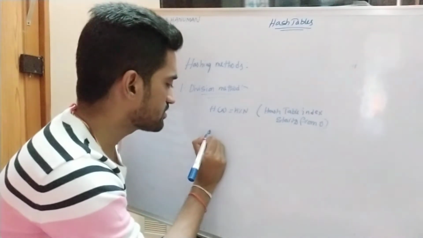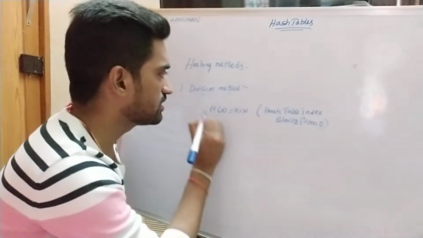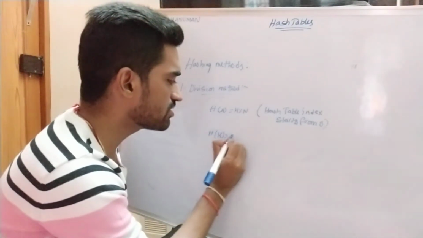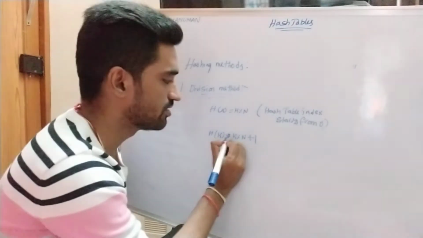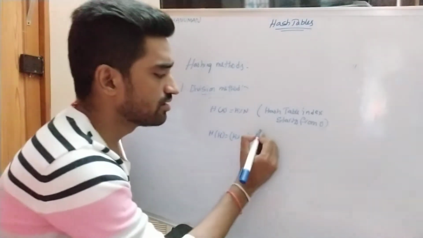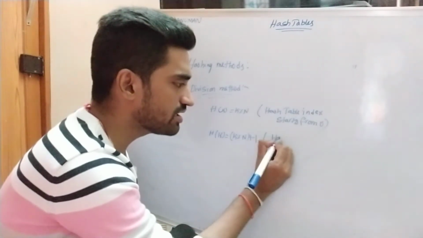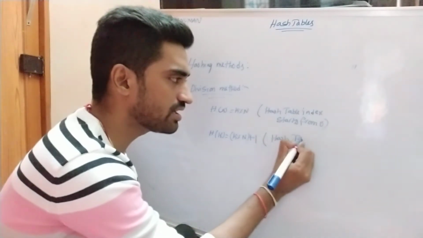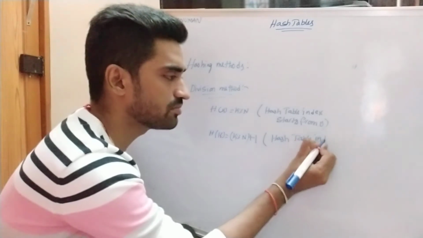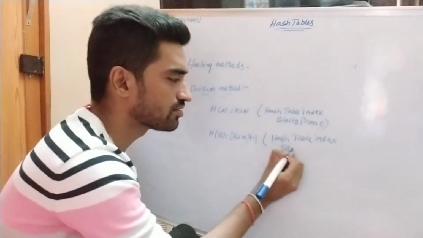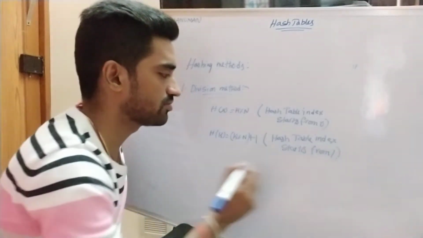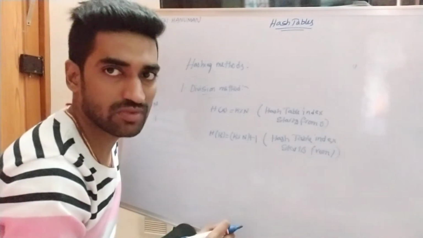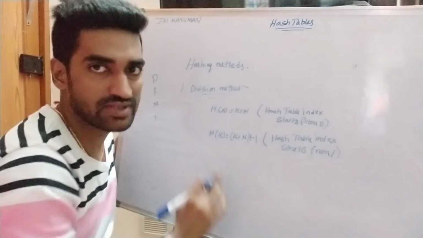We use the second formula in the division method, H of k is equal to k modulo division of n plus 1, when the hash table index starts from 1. So these are the 2 formulas that are used in the division method, right?